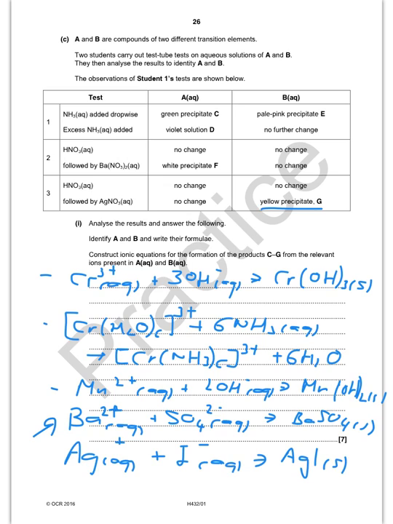So that means your formulae are going to be Cr2(SO4)3, and also they're going to be MnI2.